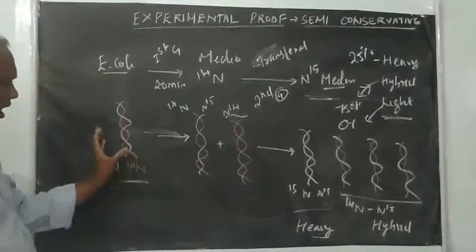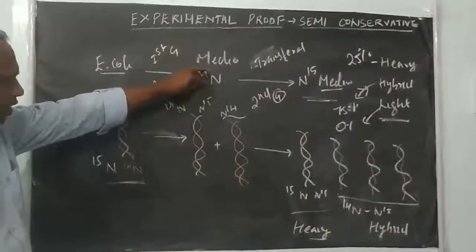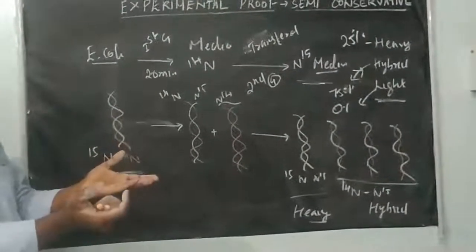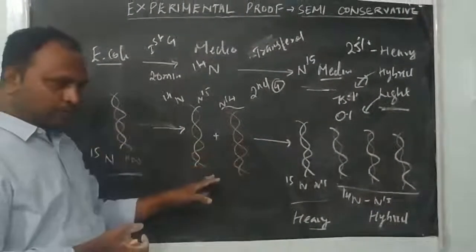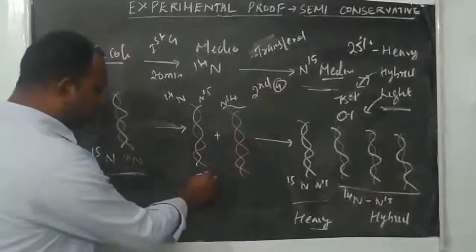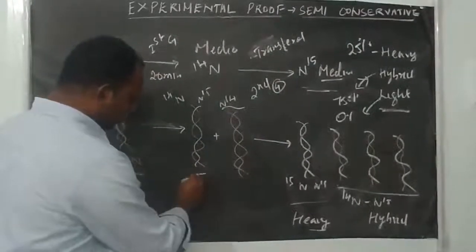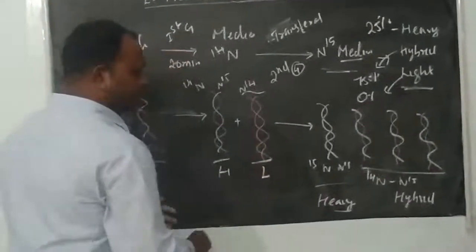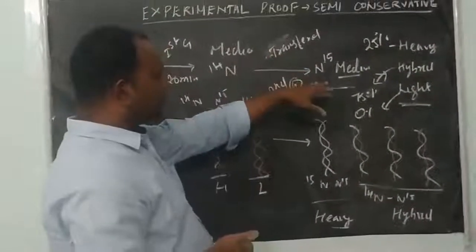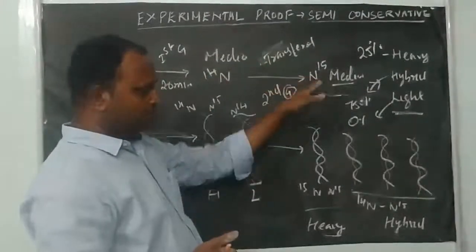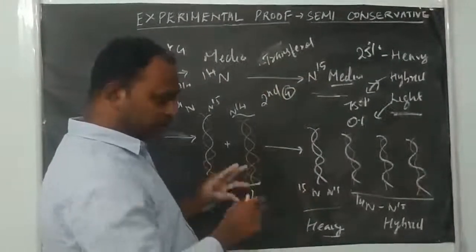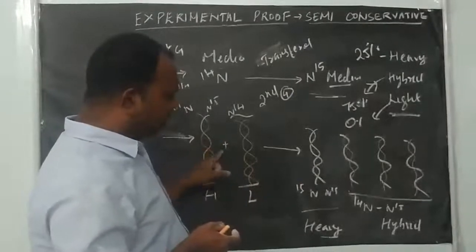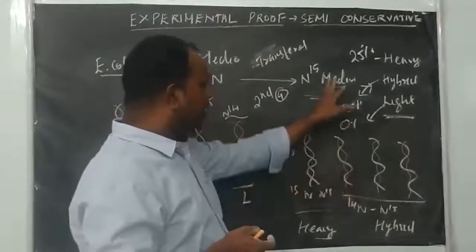So this is a hybrid. In the first generation in N14, we get 2 molecules. They unwind and act as templates, and we get one hybrid and one completely light molecule. But when we transfer from N14 to N15, these 4 molecules unwind, giving 4 templates, and the newly synthesized strands are all N15.